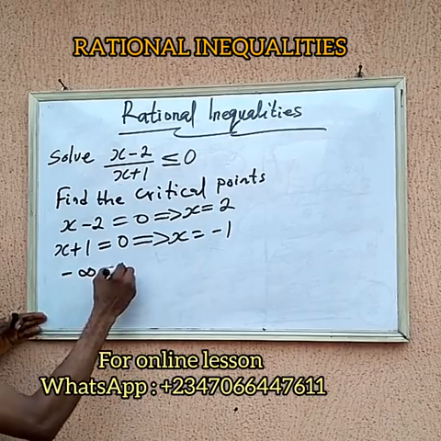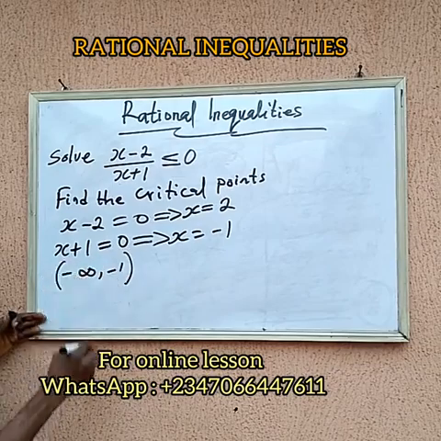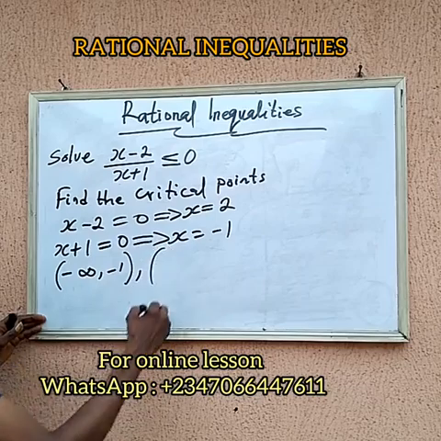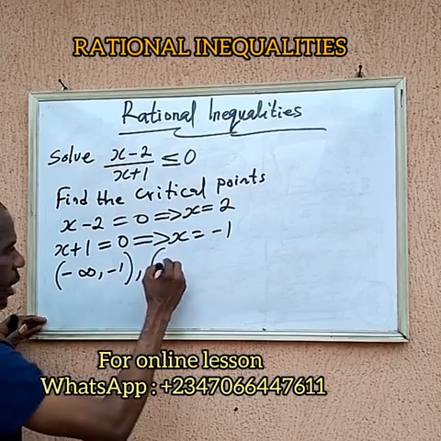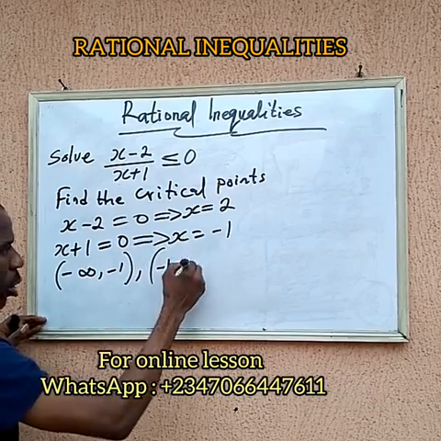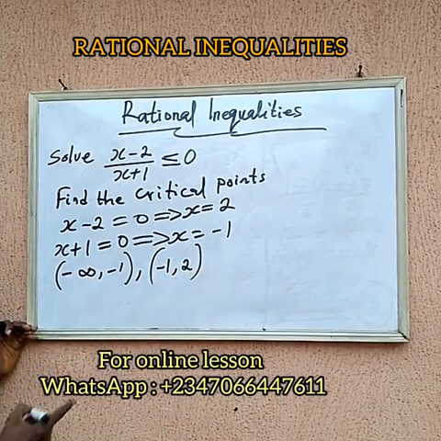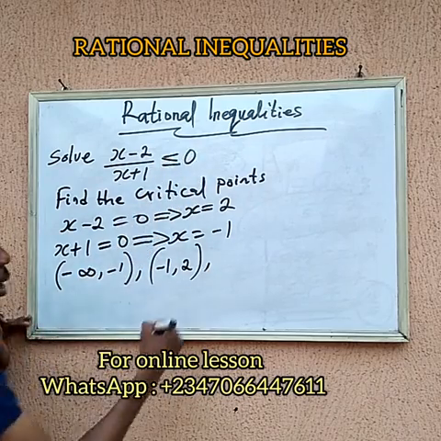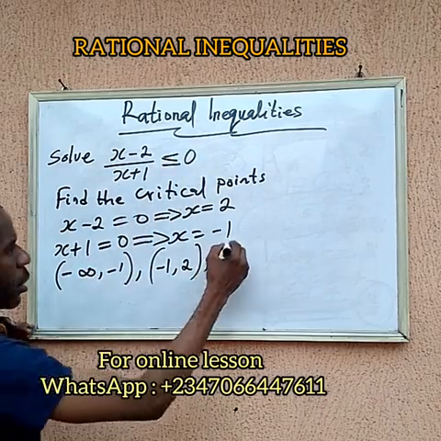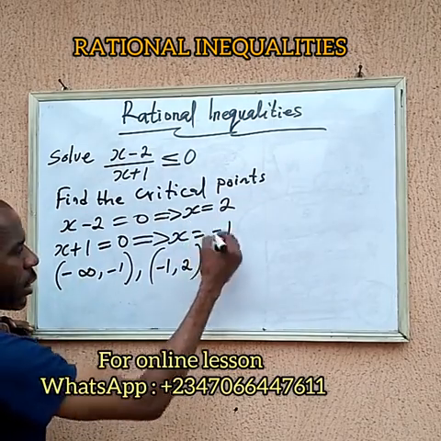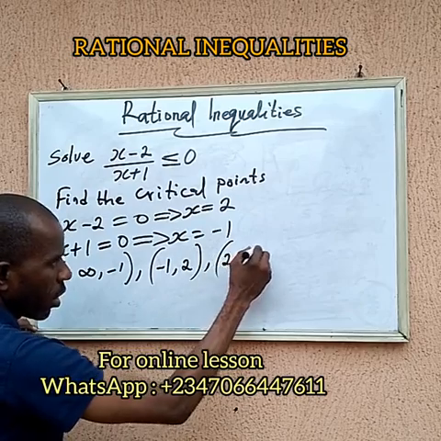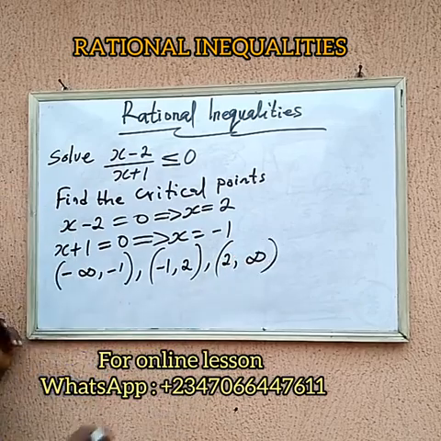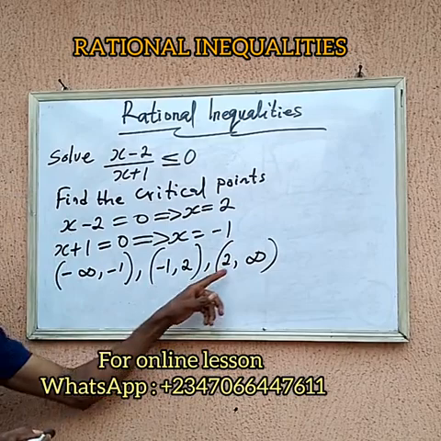So we start from negative infinity to negative 1. We are going to test that interval. Then the next one is between negative 1 and 2, that is x greater than negative 1 but less than 2. We are still going to test that interval. After that, the next interval we are going to test is when x is greater than 2 but less than infinity, that means on our right side.